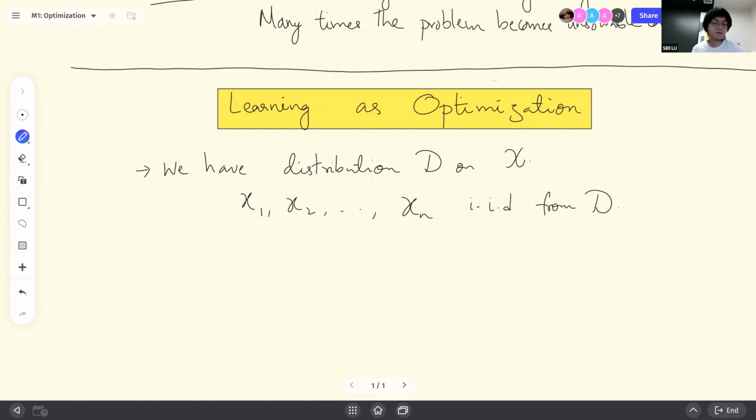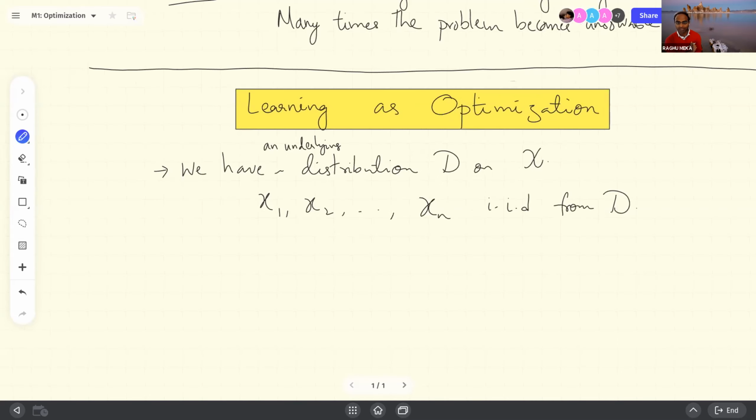I've been seeing a term called empirical distribution. So what is that? How does that link with our definition of distribution and training distribution? Right. So that's a very good point. In fact, you brought it at the right time. So we have some underlying distribution that we don't know what it is, right? But we do have samples from this distribution. We have an assumption that there's a distribution from which they're being sampled.